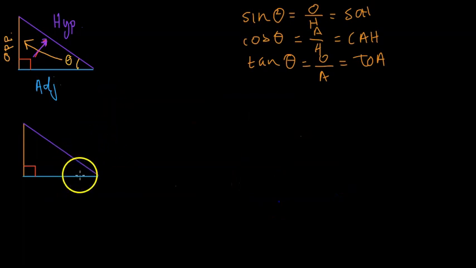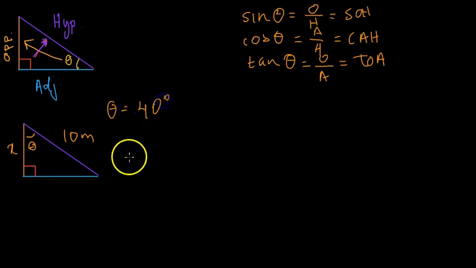Okay, let's say we're provided a triangle similar to that above, where we're told that the angle theta is up here, and that the hypotenuse has a side length of 10 meters, and we're told to find x. And in this question, we're going to say that theta is equal to 40 degrees. So pause this video and have a crack and see if you can work out what the side length x is.